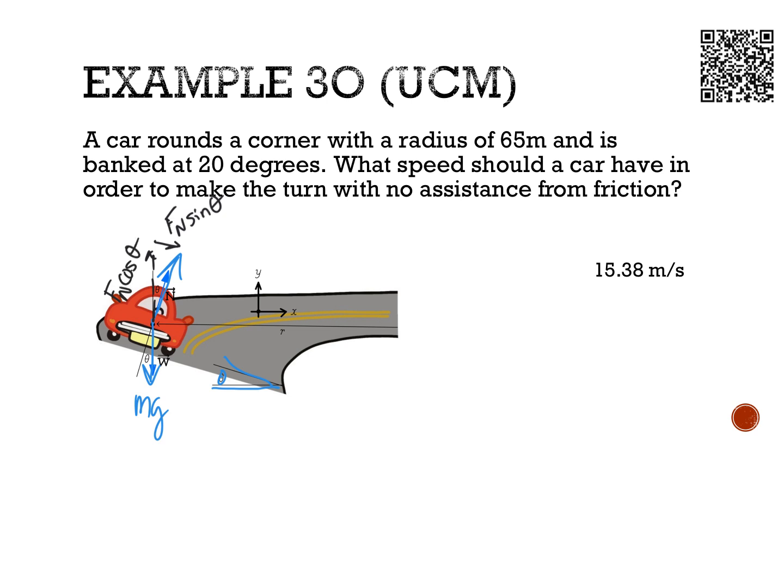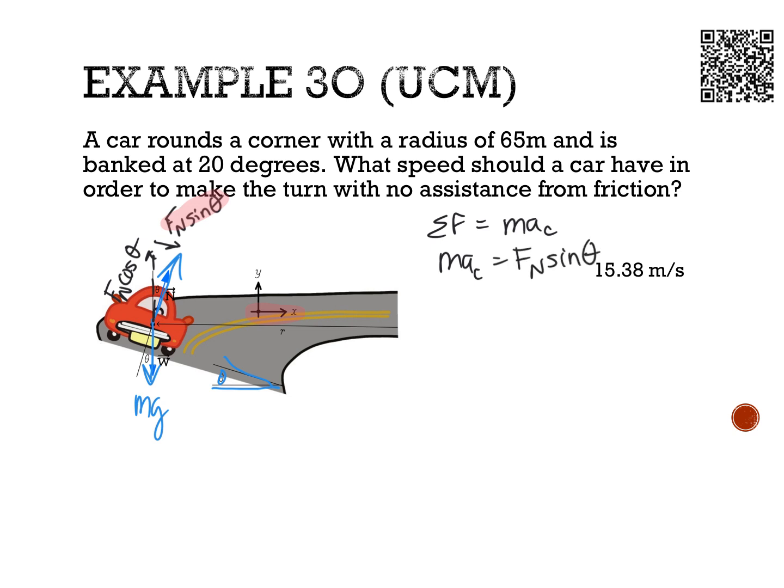Well, to figure out what the normal force is, because this chunk of it right here is the portion that is going to be in the x direction, which is for your centripetal. So the force centripetal, which is going to be ma centripetal, is just going to be the normal force times the sine of theta.